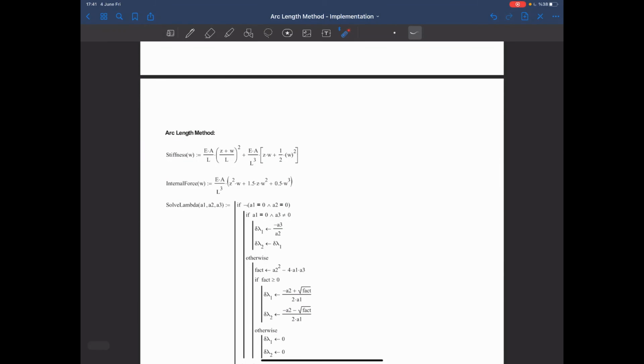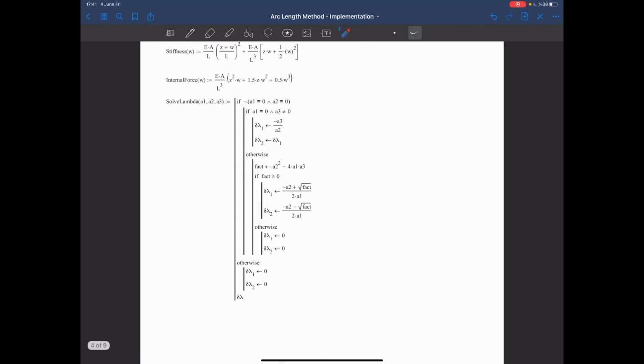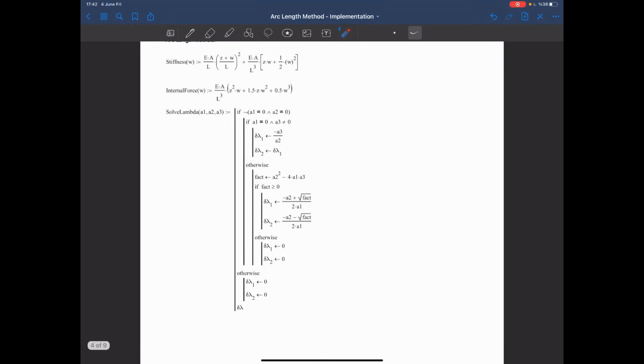So I will discuss the implementation of it. I have the stiffness of this truss, and this function calculates the internal force, and they all depend on the displacement. So I have a function here. In this function, basically what I'm doing is I'm sending A1, A2, and A3 parameters. Remember that this is what we are trying to solve.